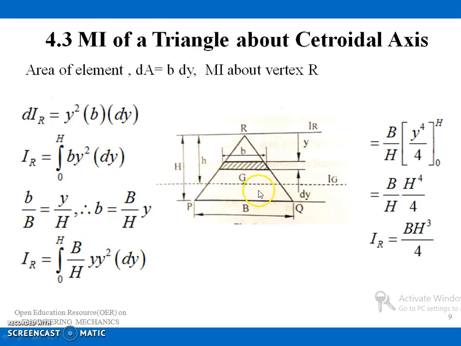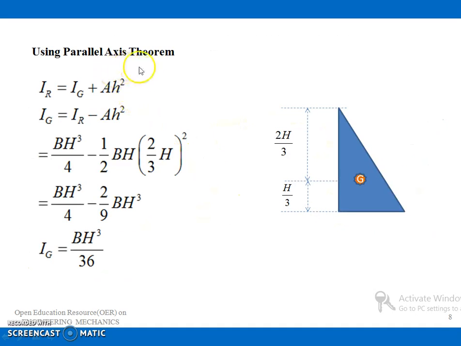Now I can find the moment of inertia of this triangular section about its centroidal axis. If the moment of inertia about the centroidal axis is Ig, applying the parallel axis theorem, I can write IR is equal to Ig plus Ah square.